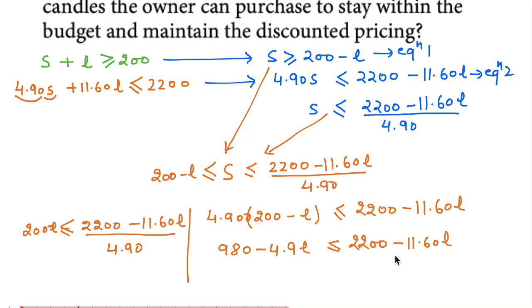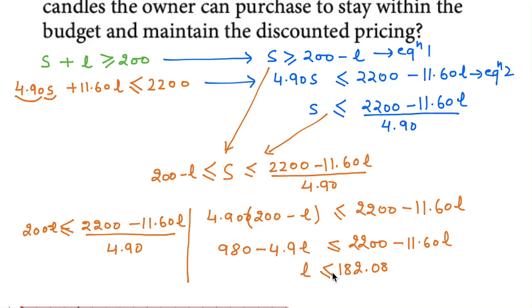Now I'll skip one or two steps. You just pause here and write the steps in your notebook and reach the end step, where L has to be less than or equal to 182.08. I'm leaving it to you. If you do not get it, comment and I'll send you the solution. Now L has to be less than or equal to 182.08.